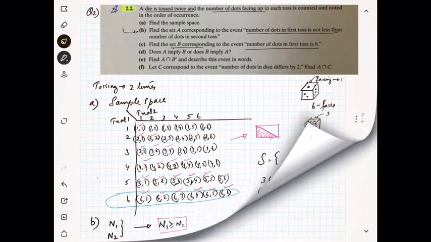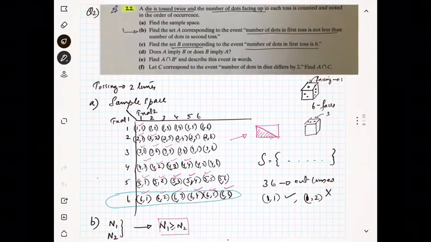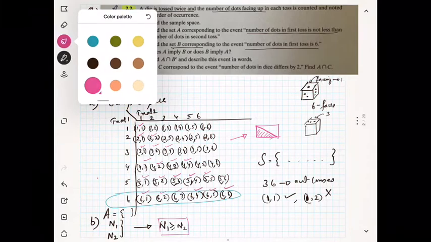So part C is our B and part B is our A. This is the set A. So set A corresponds to all these outcomes which I am showing in the red color. So that is A, part A.